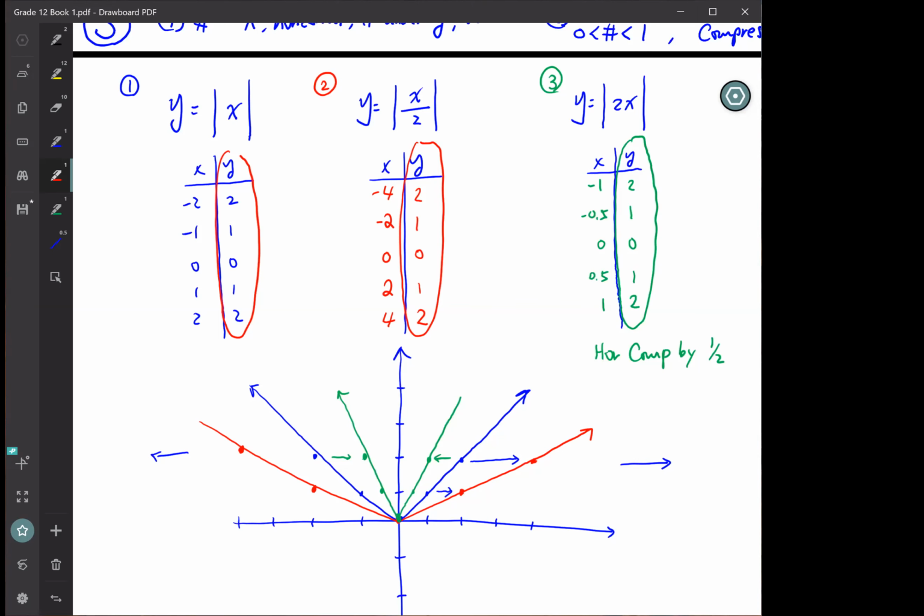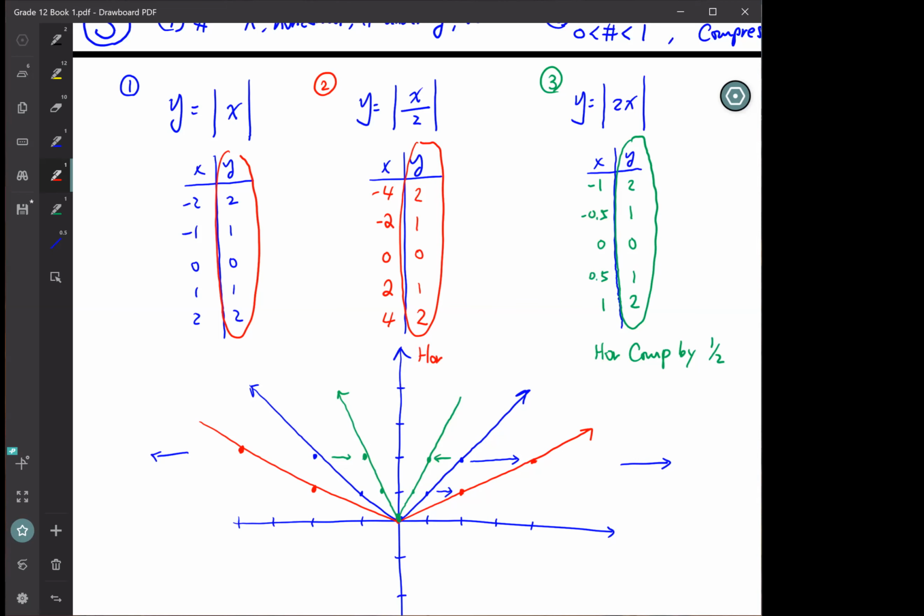Horizontal? Yeah, okay, because the x value is changing and x is horizontal, okay? And horizontal what? Horizontal expand. How do you know it's expand? Because the 2 is more than 1.